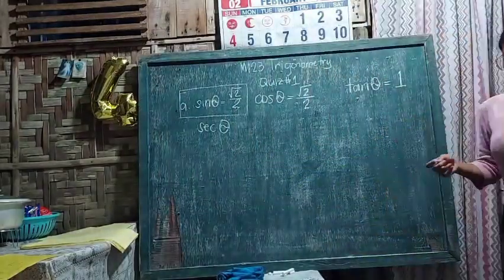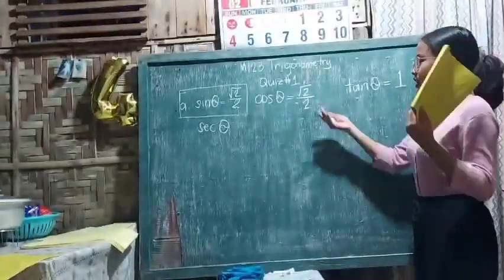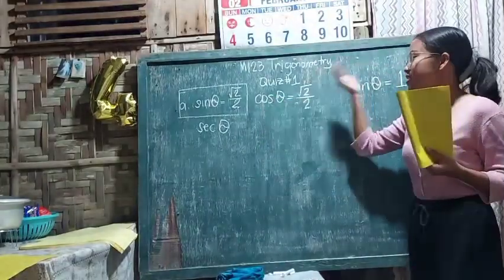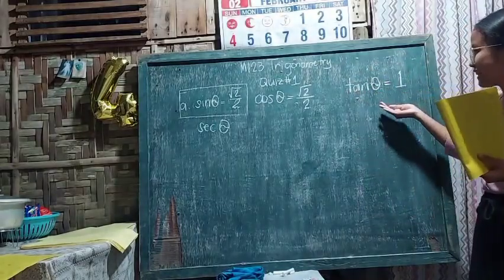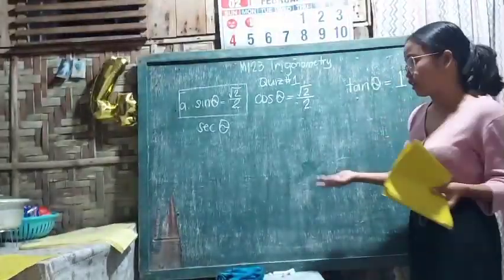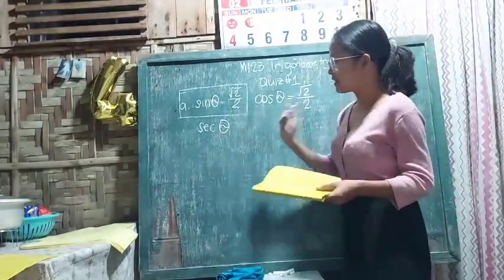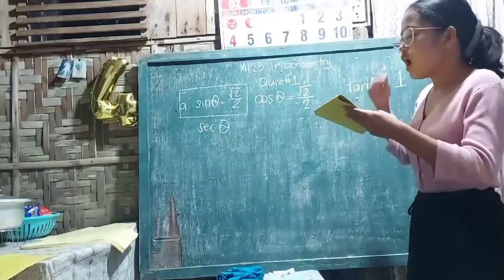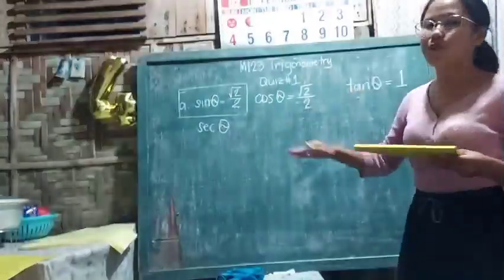Now that we have the value of our cosine theta and the value of our tan theta, we are now going to look for our fourth trigonometric value, which is the secant theta. To look for secant theta, we are going to use the reciprocal identity.